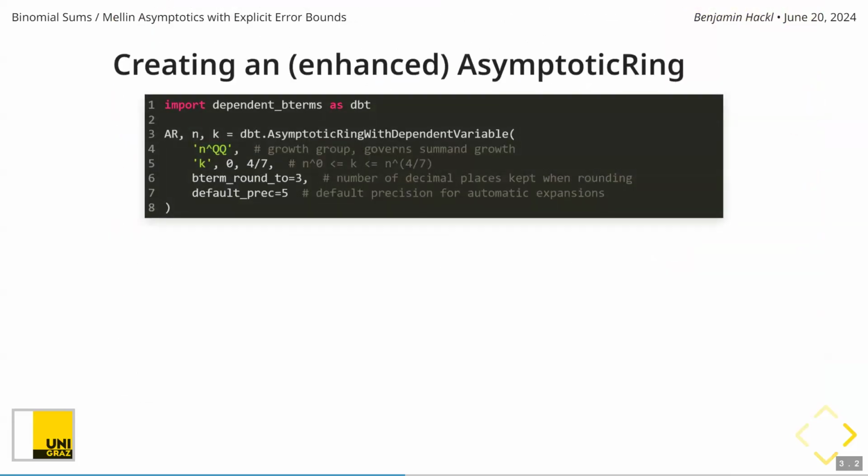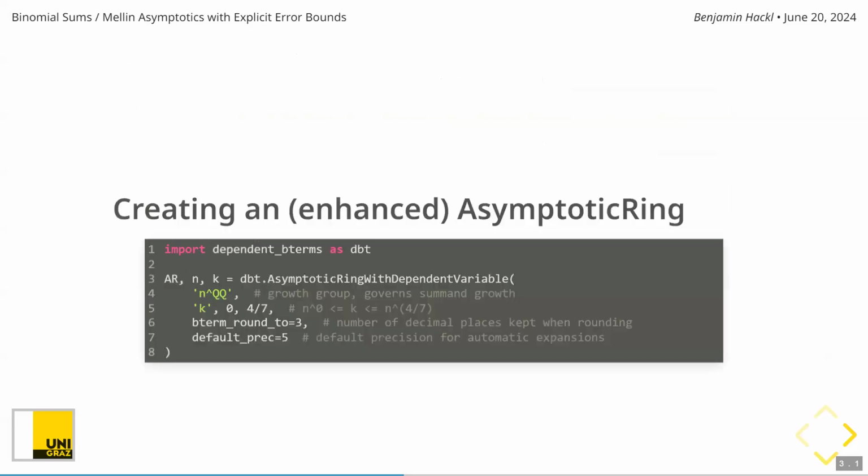This is basically how you initialize one of these special asymptotic rings. You have expressions that look like n to the power of some rational. You have an additional variable k in this case, which is bounded between n to the 0, so 1, and n to the 4/7.